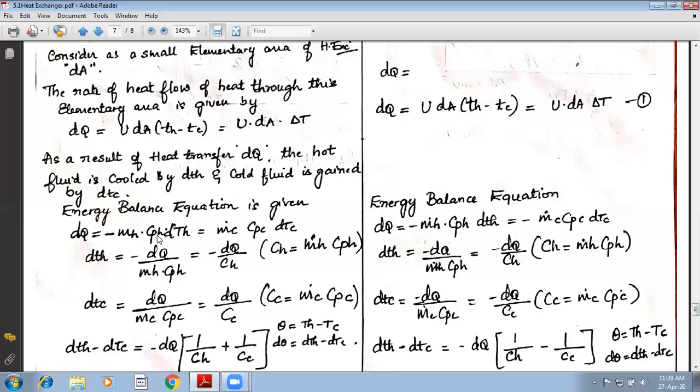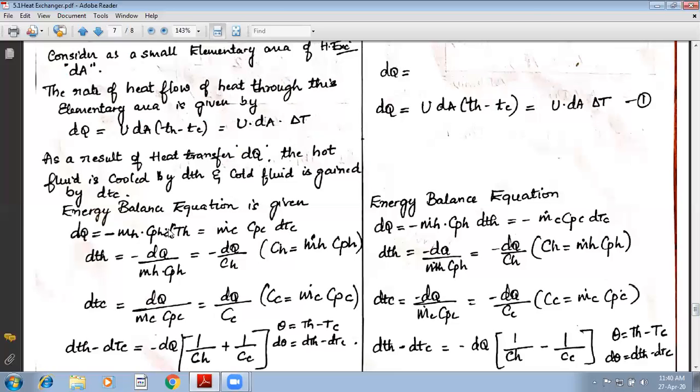This corresponds to the mass flow rate as well as specific heat corresponding to hot fluid. Similarly, m suffix c, Cp suffix c corresponds to mass flow rate as well as specific heat corresponding to cold fluid. dTh is change in temperature corresponding to hot fluid. dTc is change in temperature corresponding to cold fluid.